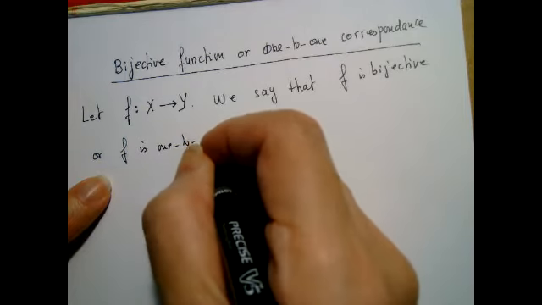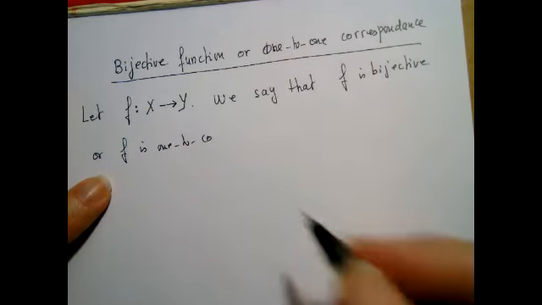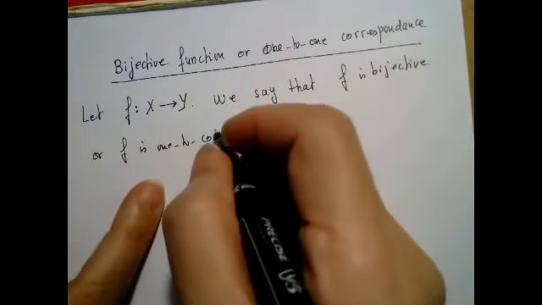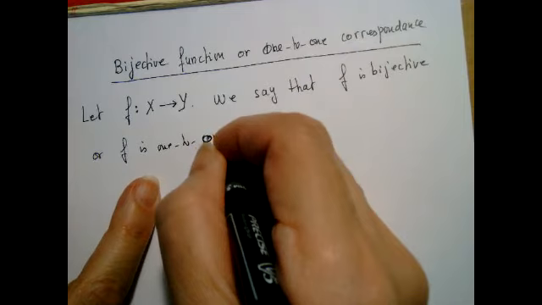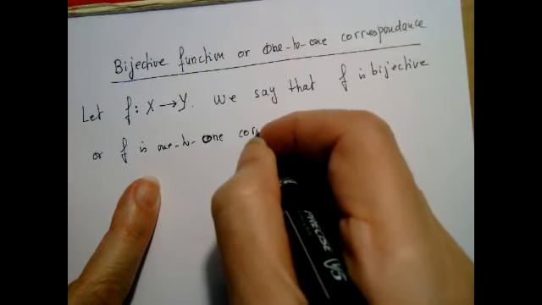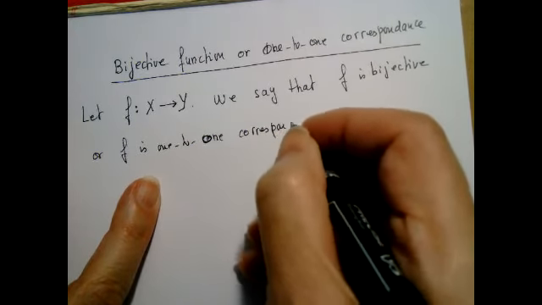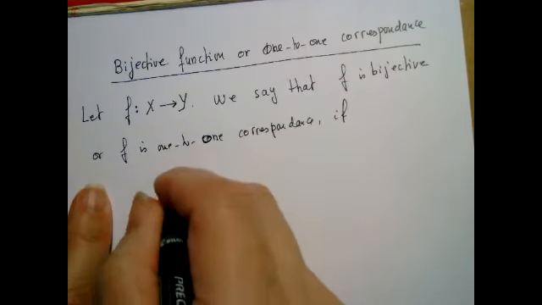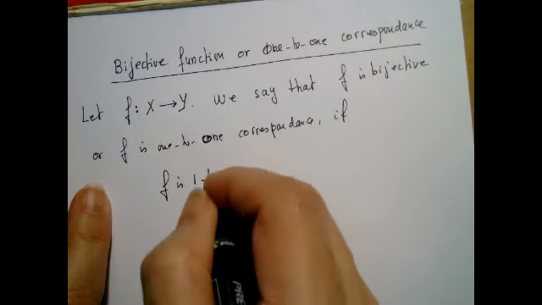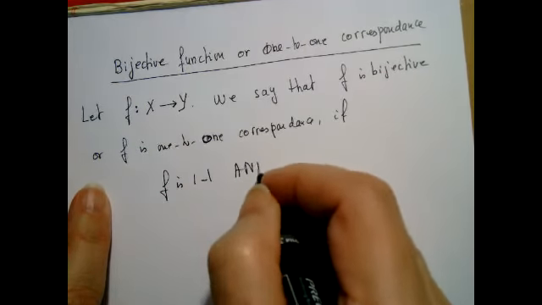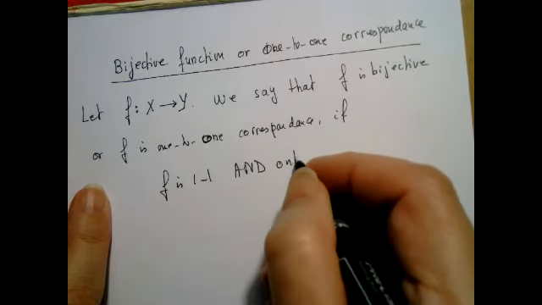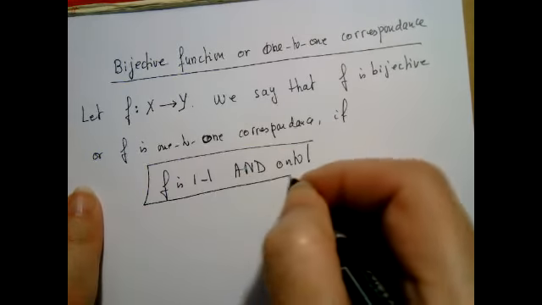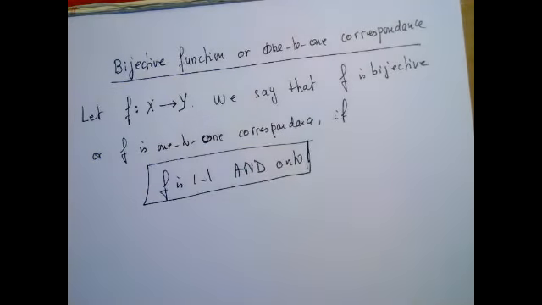Both are used. They add the word correspondence instead of writing onto, if f is one-to-one and onto. So a function is called a bijection if it satisfies both properties.